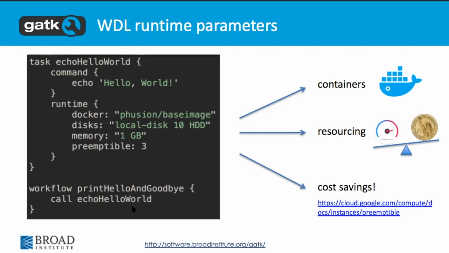So these are the runtime block that I was talking about before, and as I said, you can define various parameters here that let the backend server set up the machine that you need for you. For example, you can provide the memory requirements, CPU, disk, Docker image, and there's this field for preemptible.